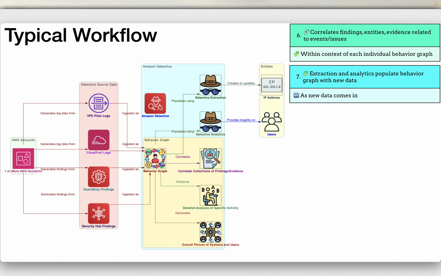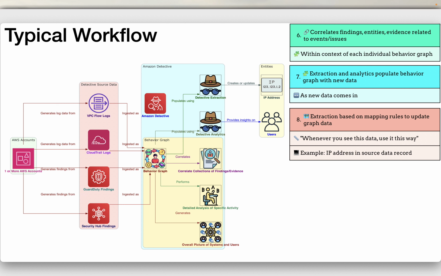As new data comes in, Detective uses a combination of extraction and analytics to populate the behavior graph. Extraction is based on configured mapping rules. A mapping rule basically says, whenever you see this piece of data, use it in this specific way to update behavior graph data.